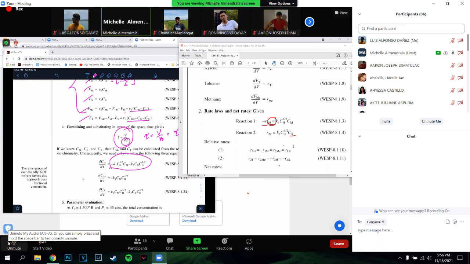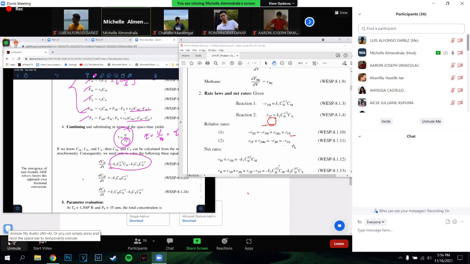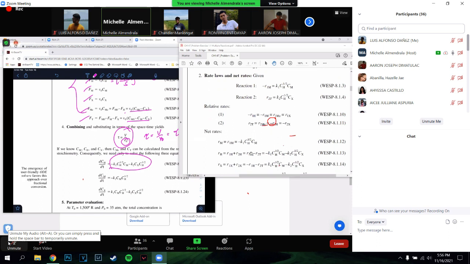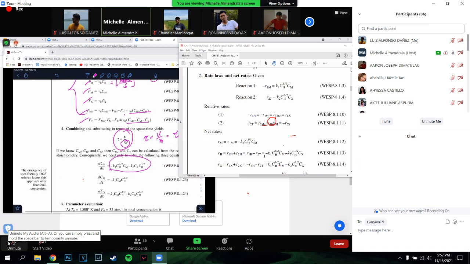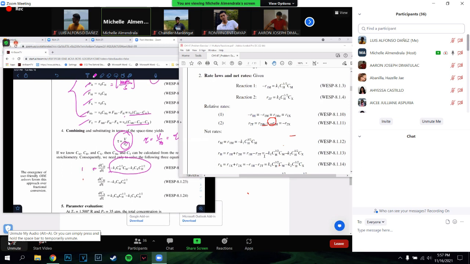R sub H, the net rate, is negative K1 CH to the 1 half CM minus K2 CH to the 1 half CX. So that is simply your dCH over d tau, which is simply your R sub H, and so on.